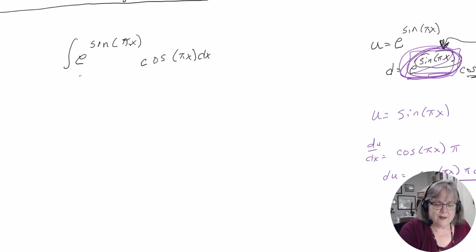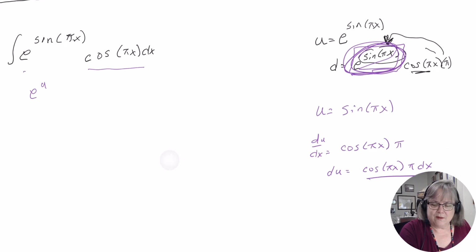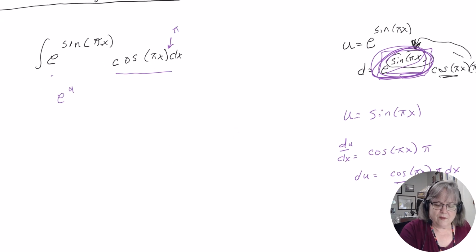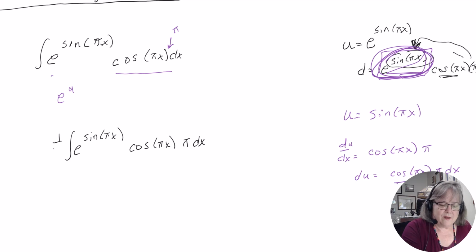Now, this is going to be e to the u. And this is really close to my du, except I need a pi in here, right? So what I need is e to the sine of pi x cosine of pi x. I need an extra pi right there, so I undo it.